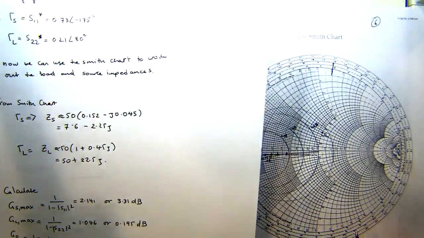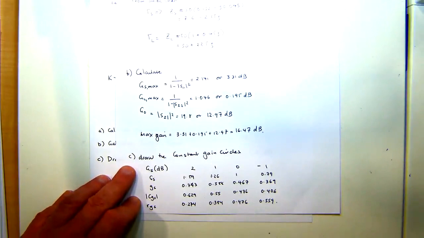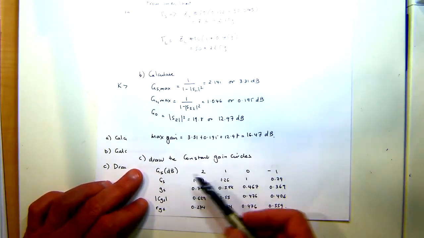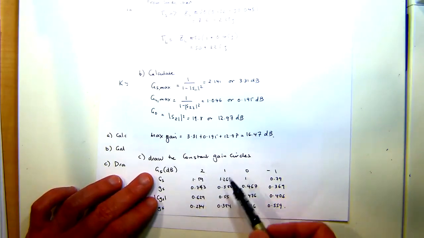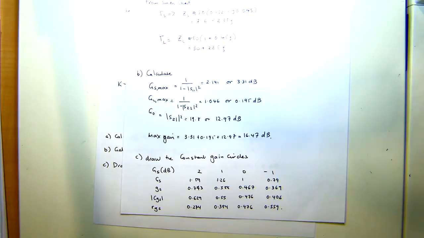Okay, so the next thing is, I suggest that we work out GS being 2 dB, 1 dB, and so on, minus 1 dB, right? In this particular case, I'm saying I want GS to be a particular gain. That's all I'm saying, right? Sometimes people get confused and ask, where did you get those numbers?